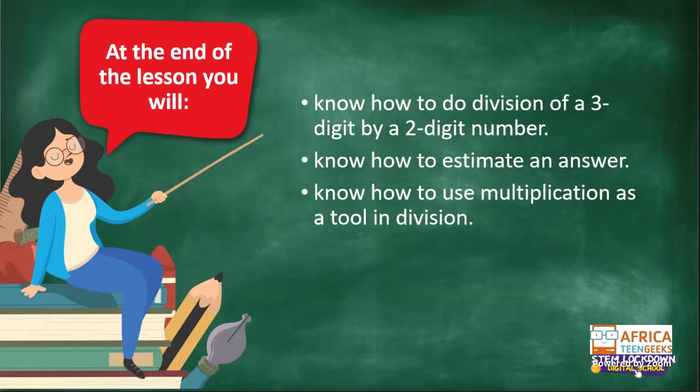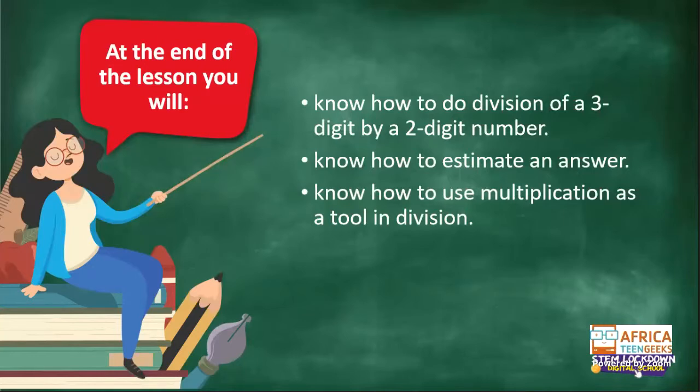Right, so at the end of today, you will know how to do division of a 3-digit number by a 2-digit number. So that just means it will be something like 872 divided by 27. So anything with 3 numbers divided by something with 2 numbers.